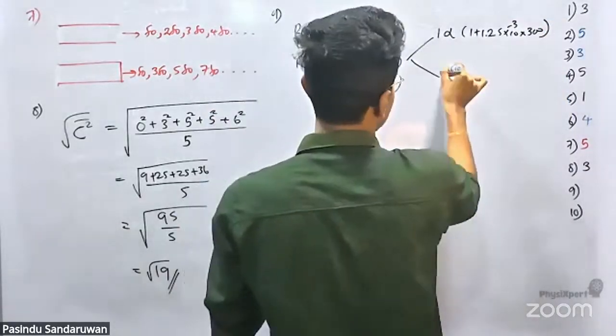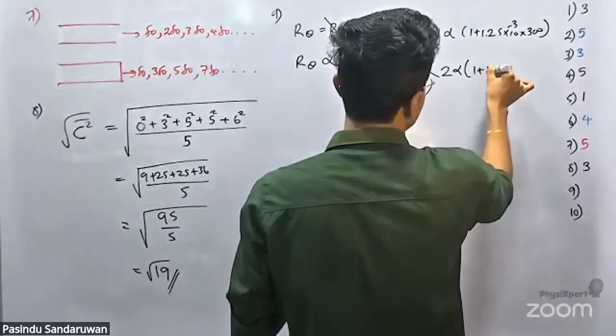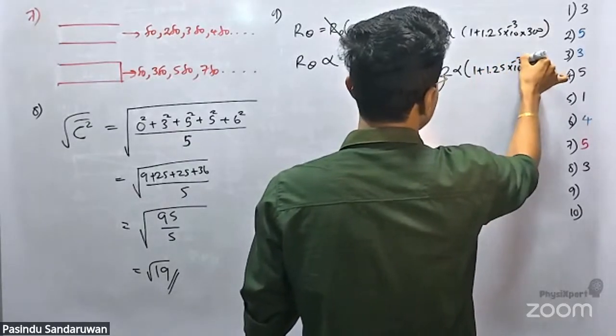For the next scenario, 2 is proportional to 1 plus 1.25 times 10 to the power minus 3 times theta, where theta is the temperature we need.